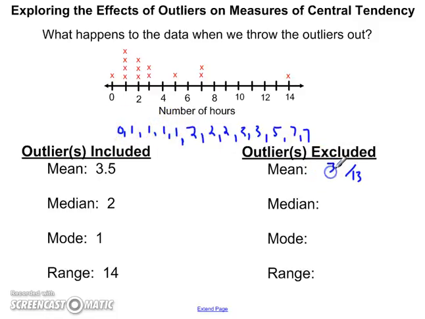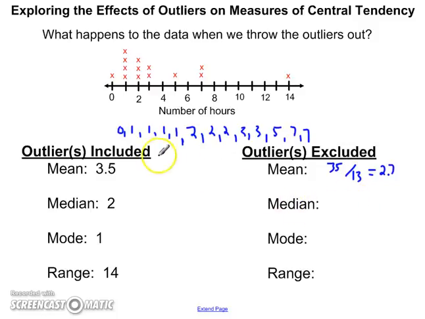So 35 is my total. So when I take my mean, in this case it'll be 35 divided by 13, which, and I'm rounding this off, is 2.7. So you'll notice by taking that outlier out of the problem, I have significantly dropped the average number of hours worked out by an individual.